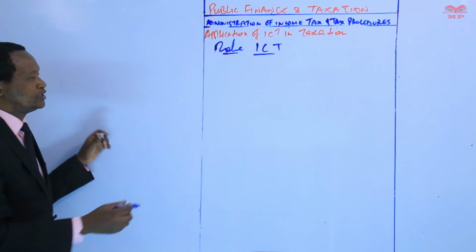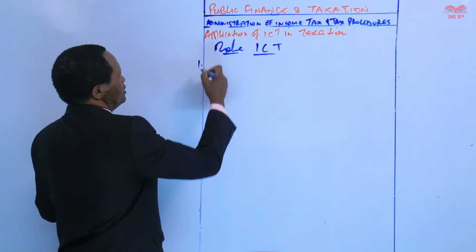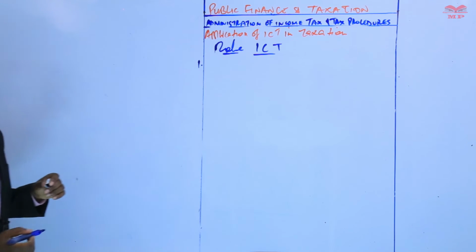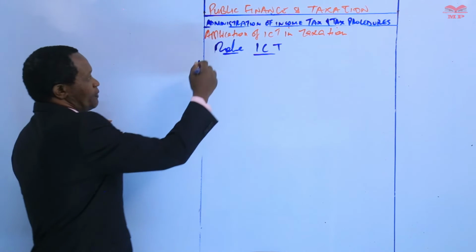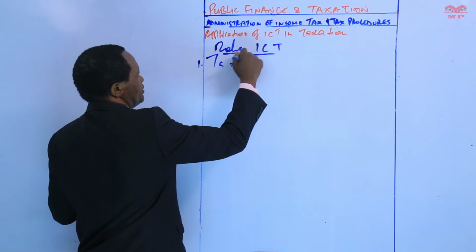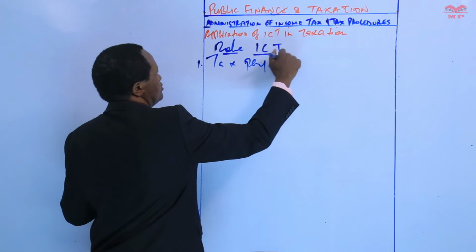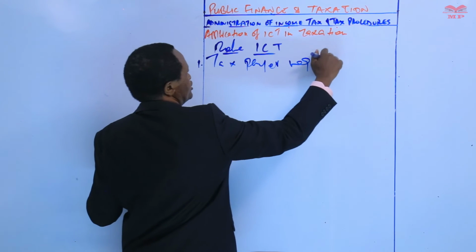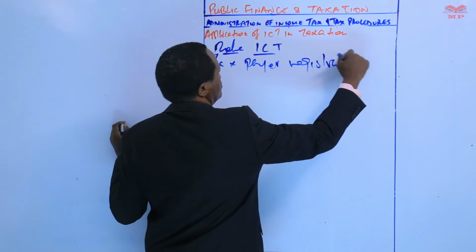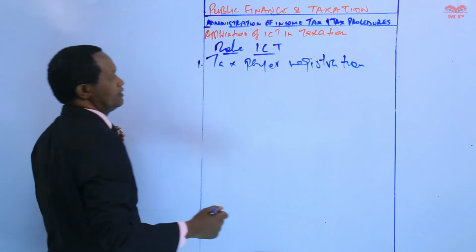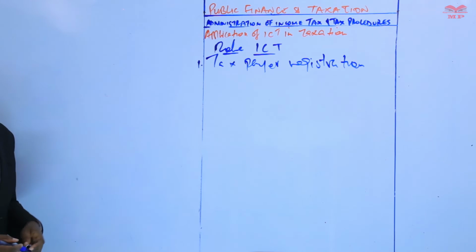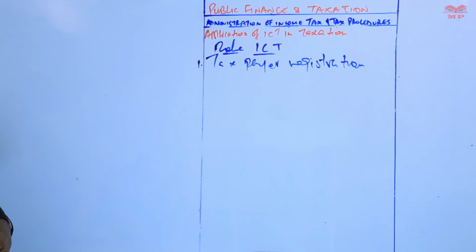That includes number 1, taxpayer registration. There is what we call online personal identification number, or PIN, registration via iTax.